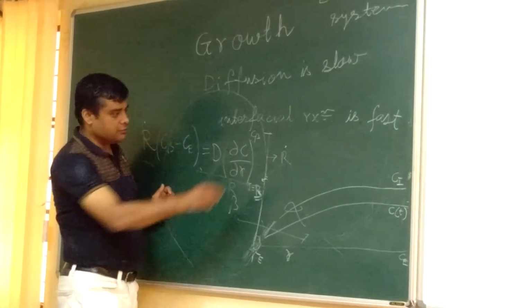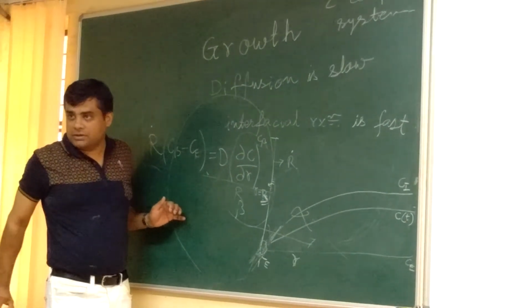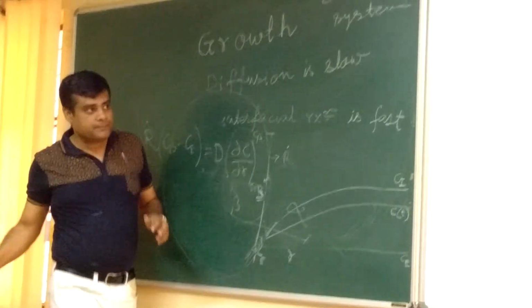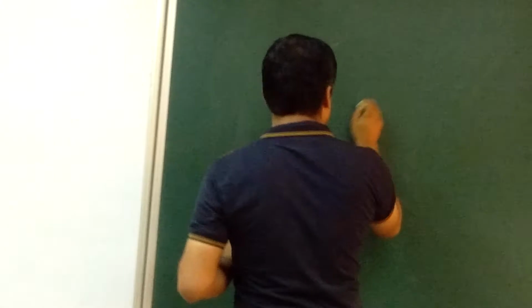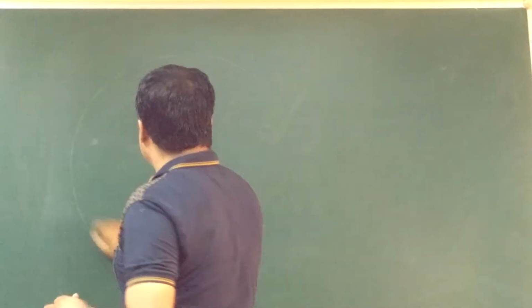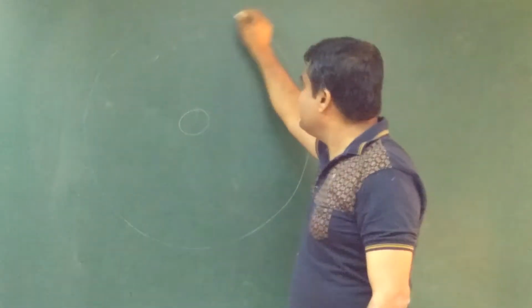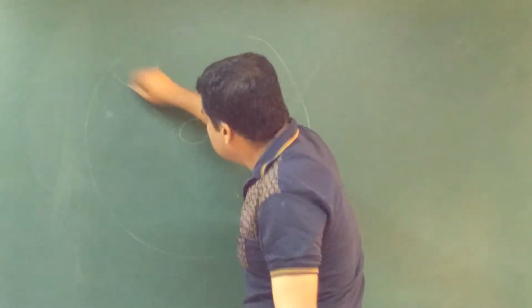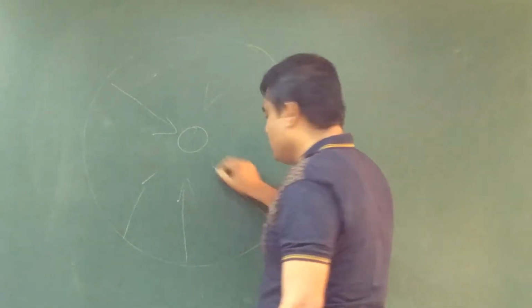Now the question is how to find del C del R at r equal to R. That's what we will focus on now. If there is an isolated precipitate in the infinite matrix, say one isolated precipitate, you may think of some spherical cell, with atoms coming towards the precipitate.